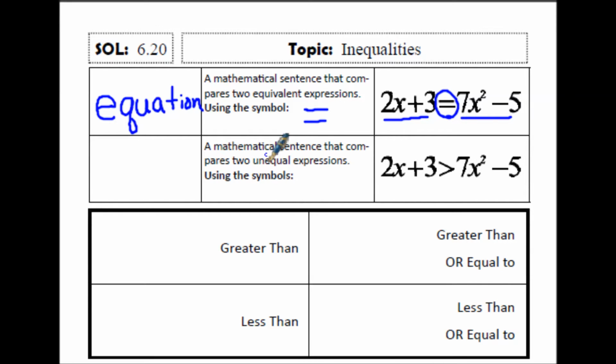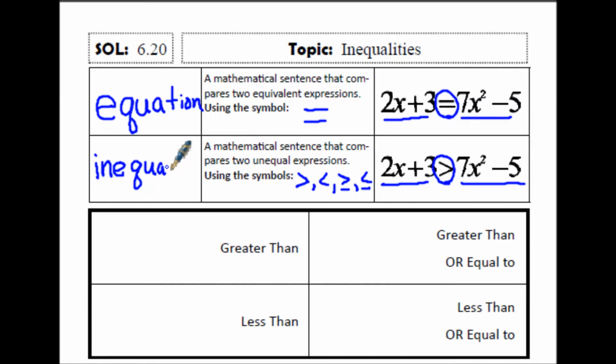A mathematical sentence that compares 2 unequal expressions will use a greater than, less than, greater than or equal to, or less than or equal to symbol. In this case, we have a greater than, which means the left expression is greater than or bigger than the right side of the inequality.